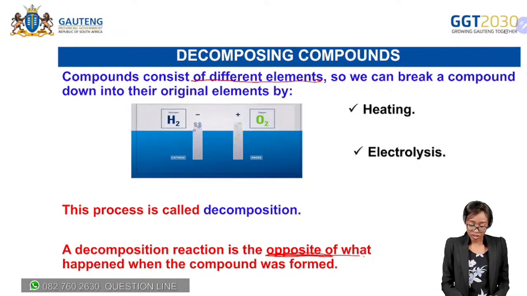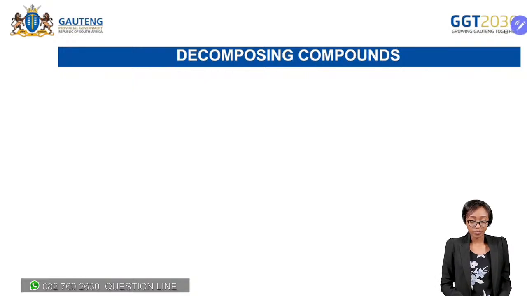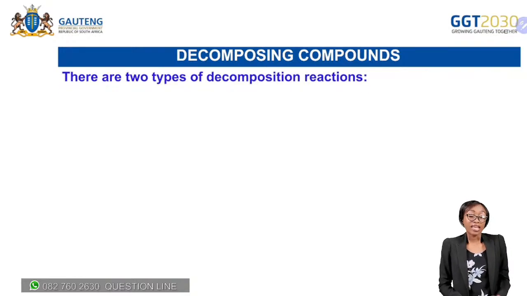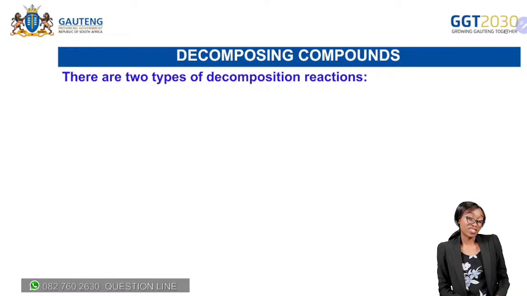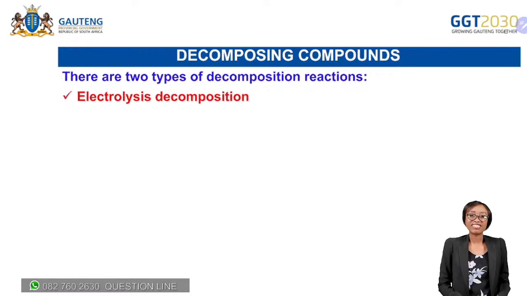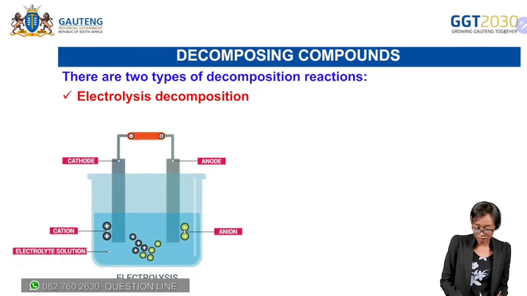And I've got a picture here of an example of electrolysis, where we are breaking down water to its individual elements. Now, there are two types of decomposition reactions. The first one is called electrolysis decomposition. And I have a picture here.